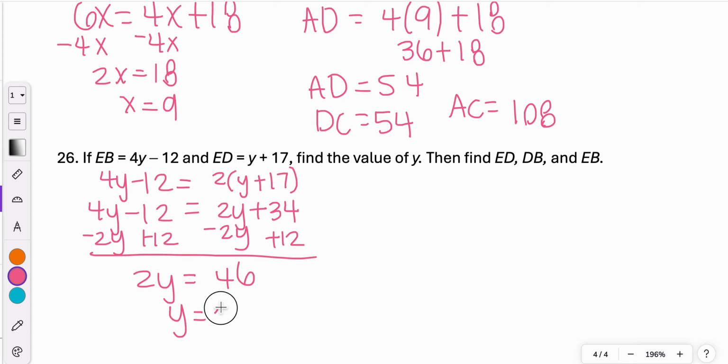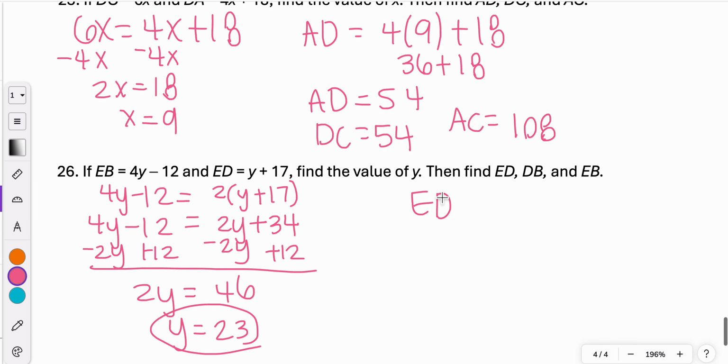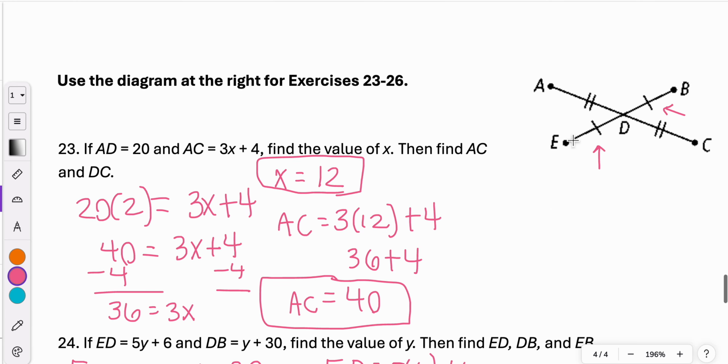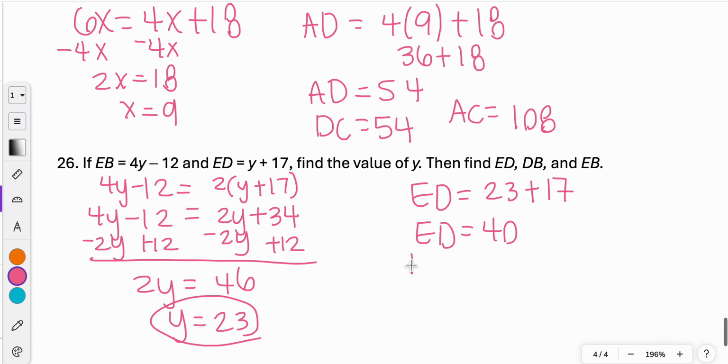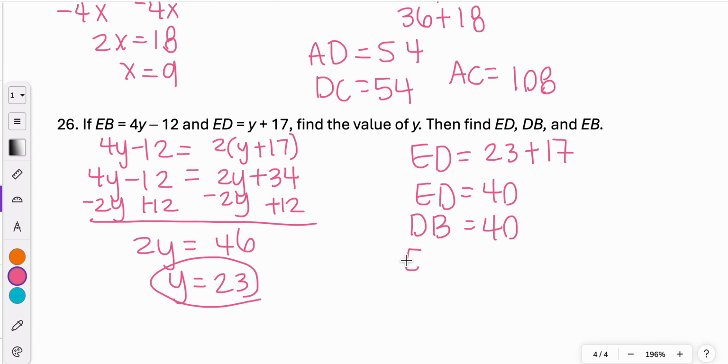So y is equal to 23. That's step 1. Then find ED, DB, and EB. So ED is that half length, which we already found. So we're just going to plug in y, which is 23, plus 17. We'll get 40 for ED, which means ED is equal to DB, so DB is also 40. And then EB, the entire length, we just do 40 and 40, which makes 80.